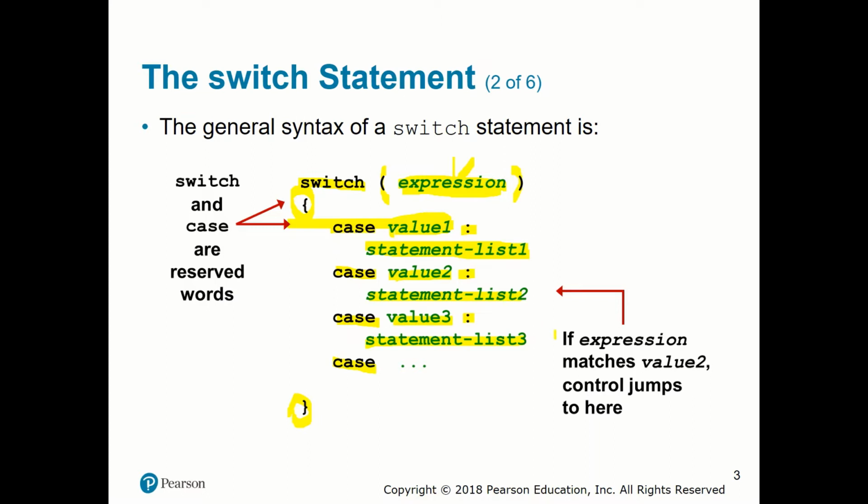So if the expression matches value 2, control jumps to here. And likewise, if the expression is not equal to value 1 or value 2, and the expression is equal to value 3, then statement list 3 is executed. So it works like an if statement. Here, switch and case are reserved words for Java programming.